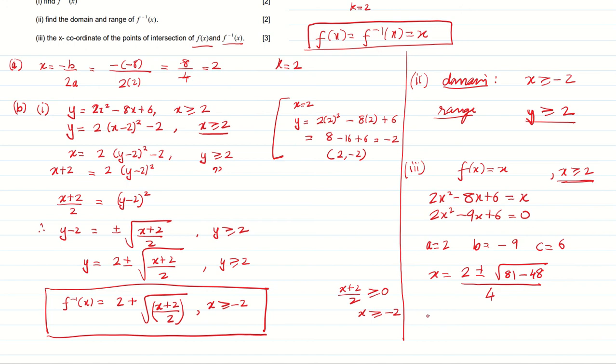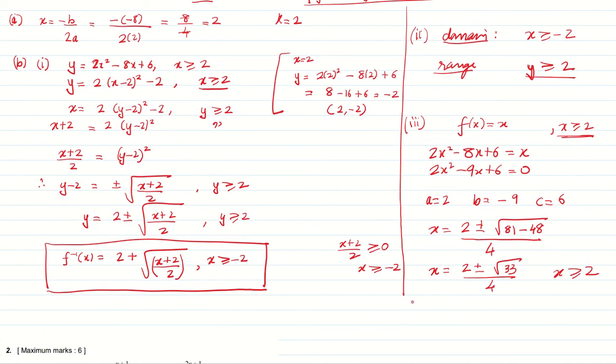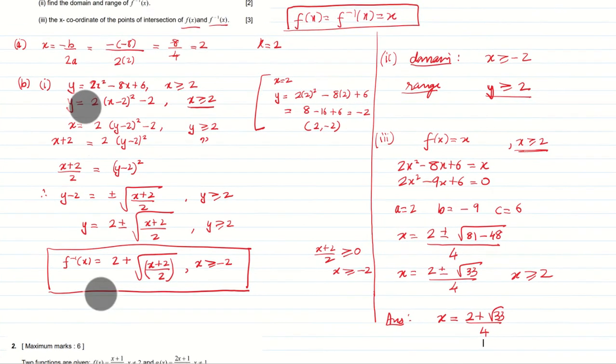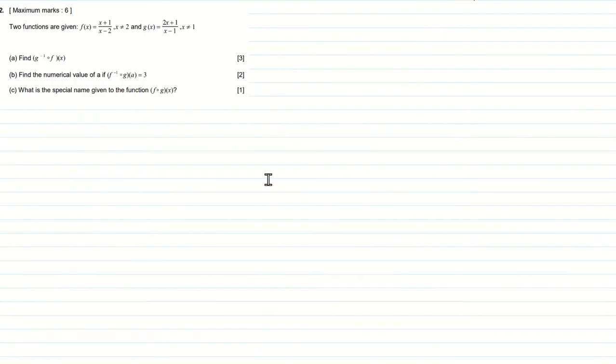If you solve this, you'll get two solutions, 9 plus or minus root 33 over 4. But I know my x is greater than or equal to 2, so I have to discard one of the solutions. So my final answer should be only x is equal to 9 plus root 33 over 4. So you need to pay attention to all details. Then you get full credit.